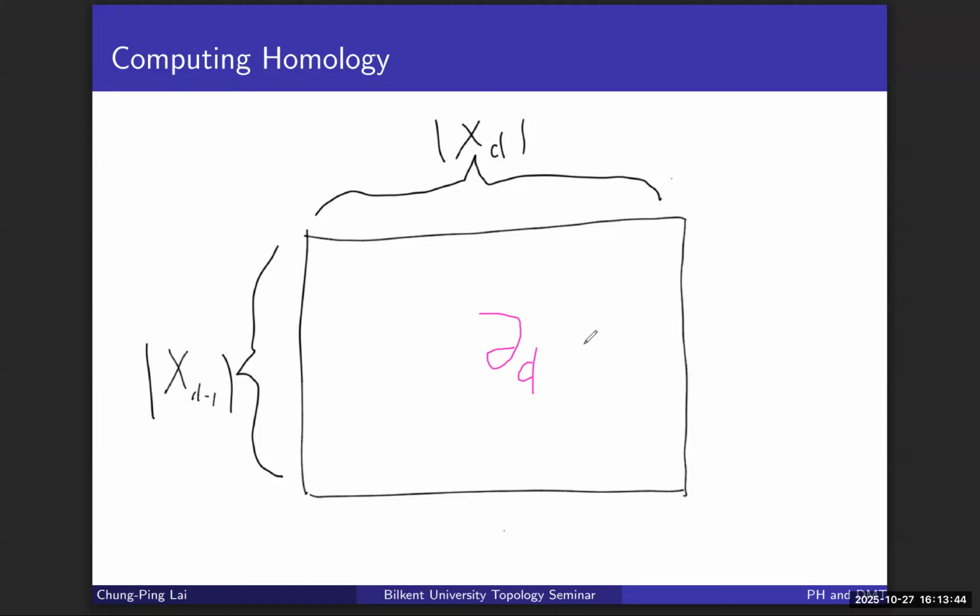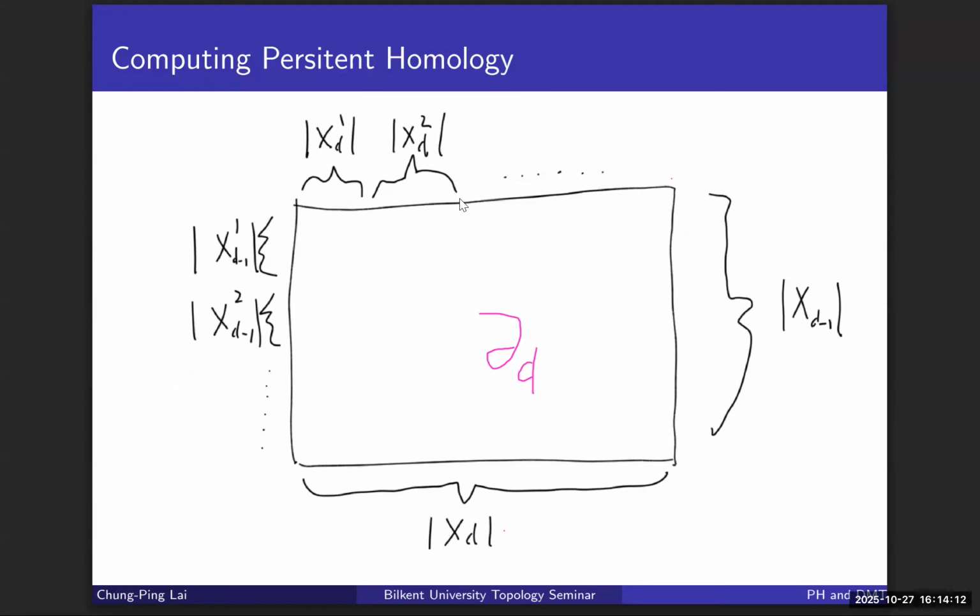Then you do some reduction on this matrix, and with certain techniques you get the homology. The expensive part, when you have a really huge cell complex, is really reducing this matrix.